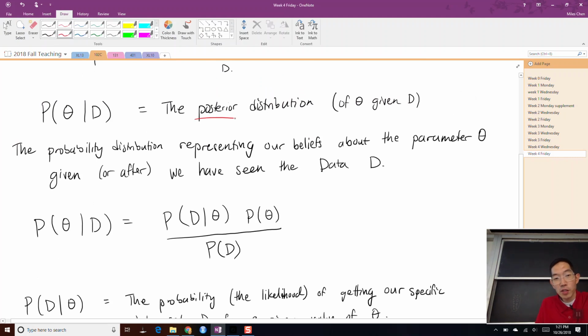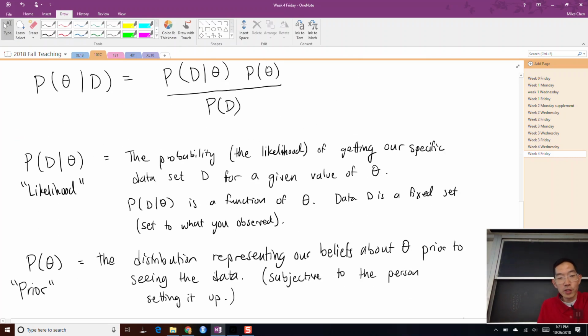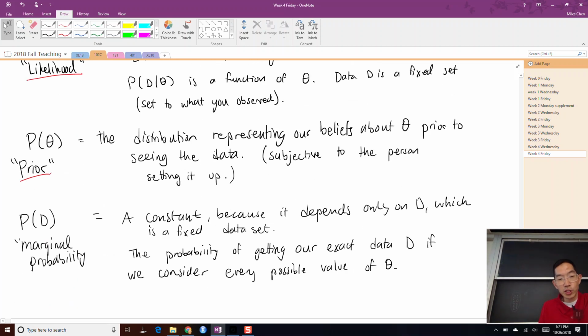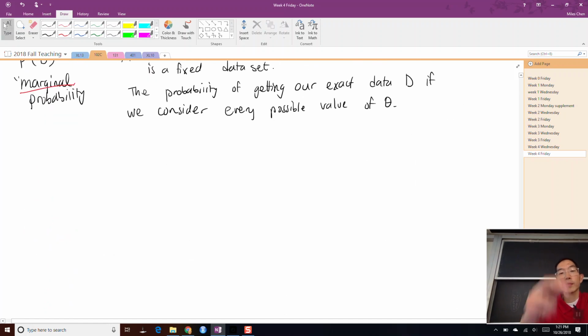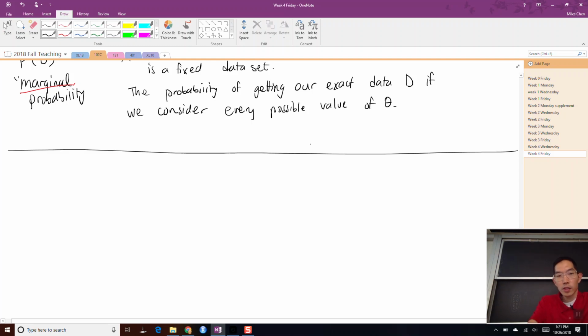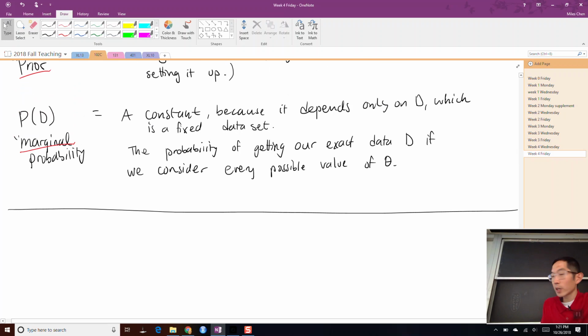We have the posterior, the likelihood, the prior, and the marginal. These are the key terms that exist in Bayesian statistics. And yeah, this is a constant. Often the constant is difficult to calculate.